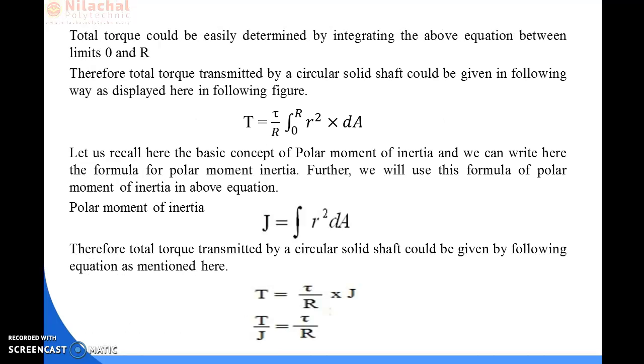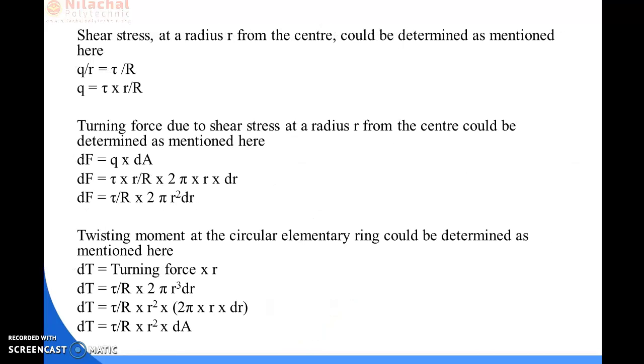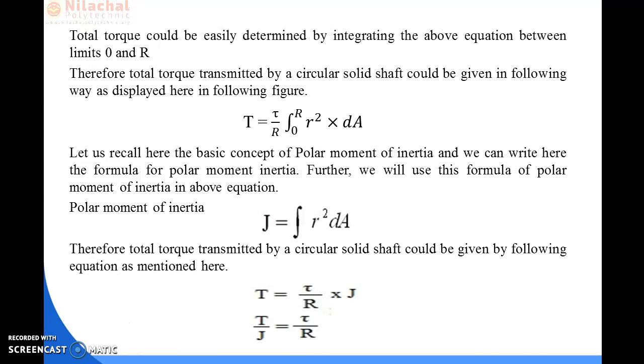And now, by integrating the equation of twisting moment of the small elementary ring section with the limits of 0 to capital R, we can find out the total value of torque for the whole circular shaft.